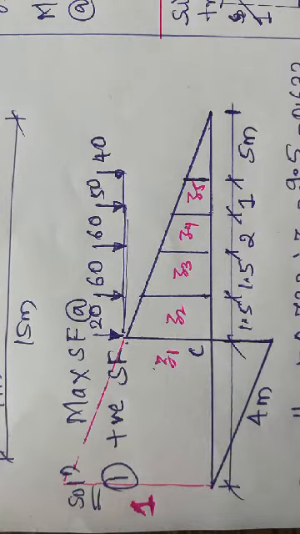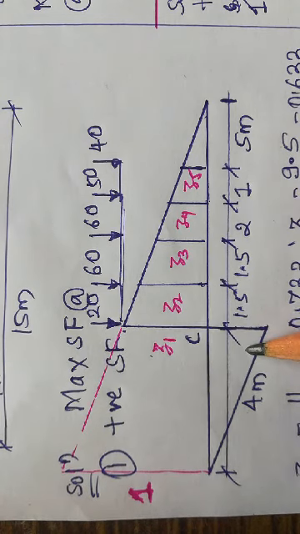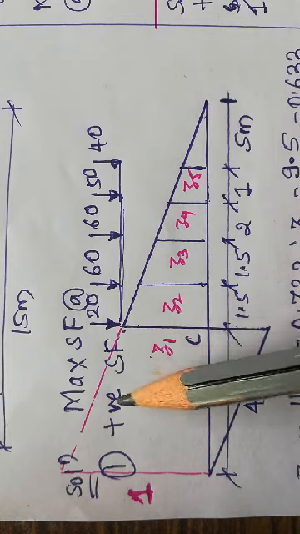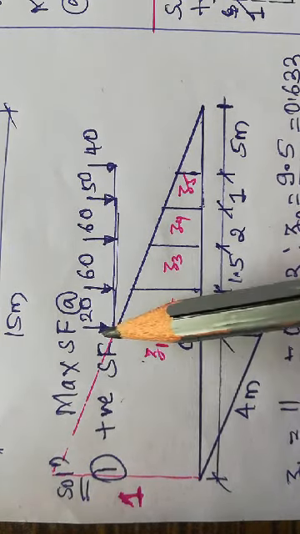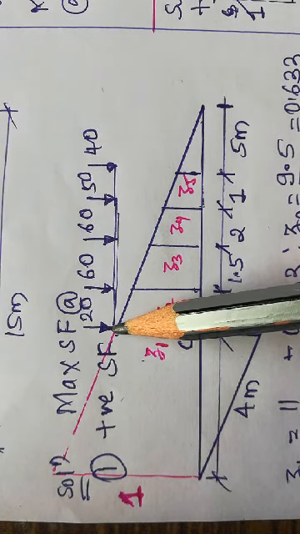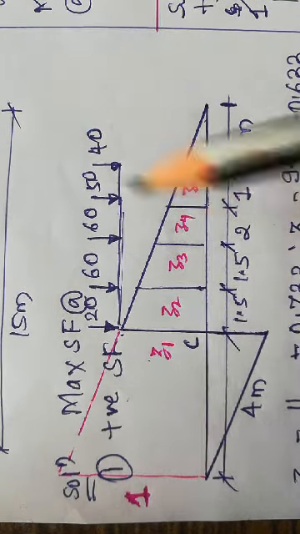So firstly for positive shear force, the influence line diagram for shear force is as shown below. For the maximum positive shear force, the tail of the load should be on point C. So here the tail, the behind load, is 20 kilonewton. Place that load on C point and rearrange other loads.